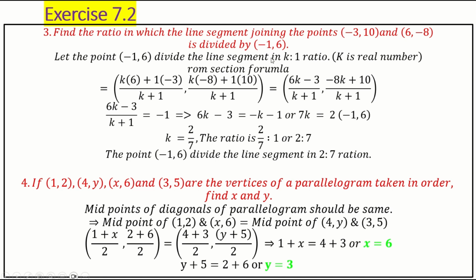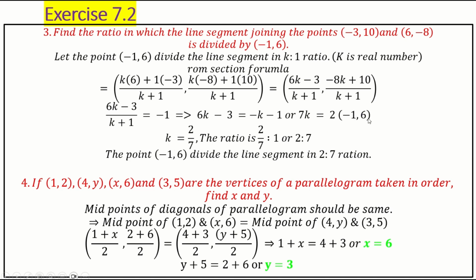It is equal to -1, the x coordinate that is. So (6k minus 3) divided by (k plus 1) equal to -1, or if I simplify, what I will get is 7k equal to 2, or k equal to 2 by 7.